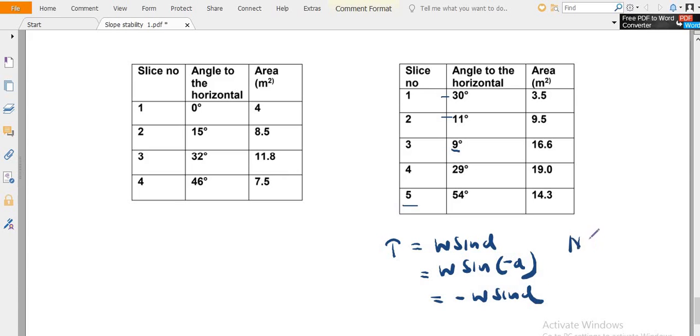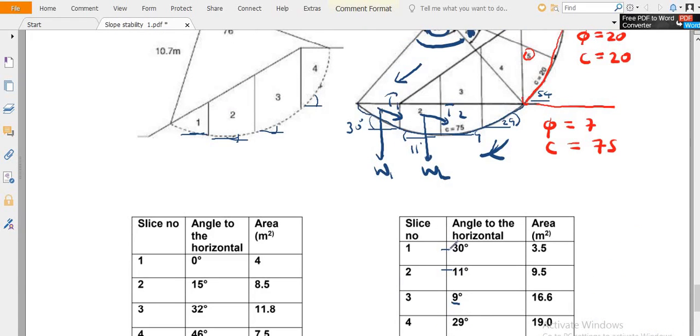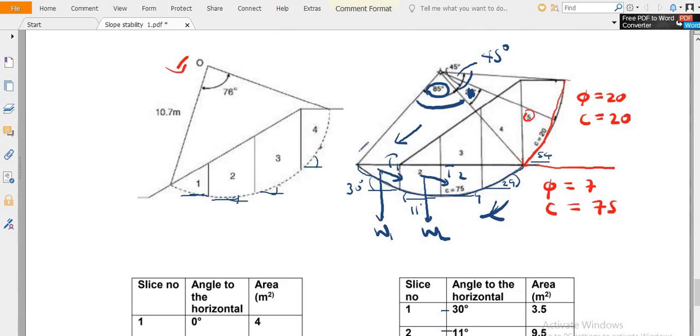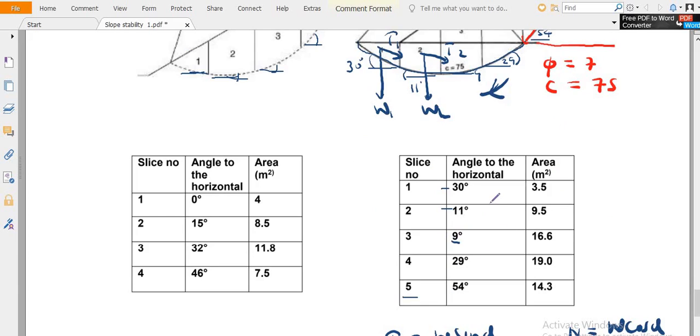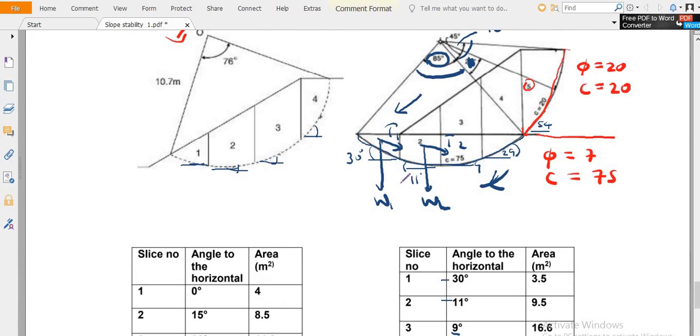But if you take the normal component W cos alpha and apply the same thing, cos of minus alpha is the same as cos alpha, so it doesn't change. So the trigonometry works just fine for the slide, since we use negative values. We have to be careful when looking at the diagram and the table. We should identify which are the negative angles. That is the important thing.